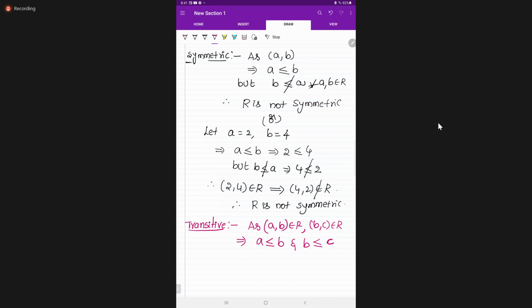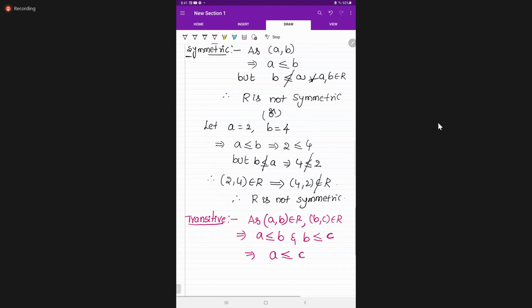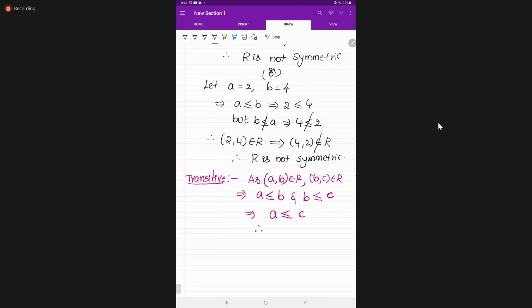So we can write a is less than or equal to c. Students, please respond. So therefore you can write it as (a, c) belongs to R. R is transitive.